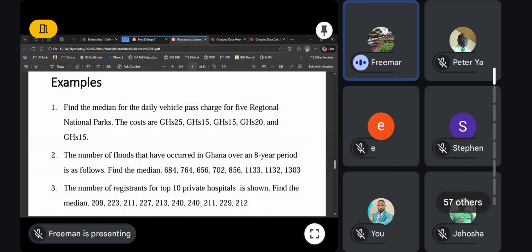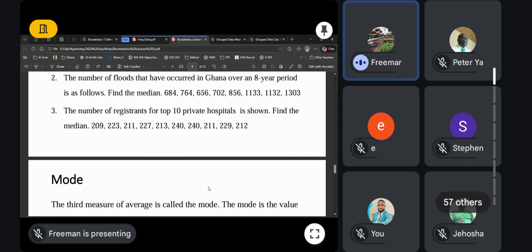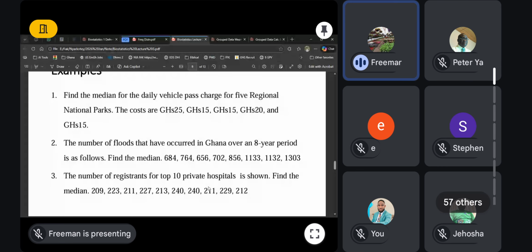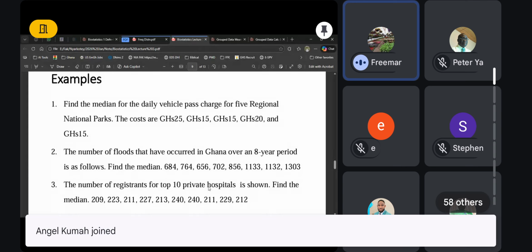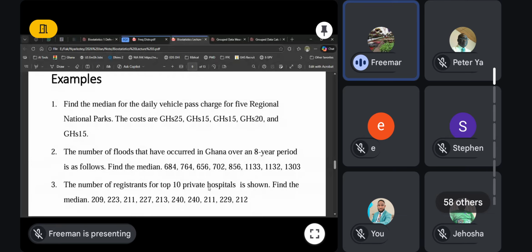So these examples are for you. You will try your hands on them. And when we meet next time, you give out the answers, we compare. And don't be surprised to see some of these things in your mission or in your class exercise.